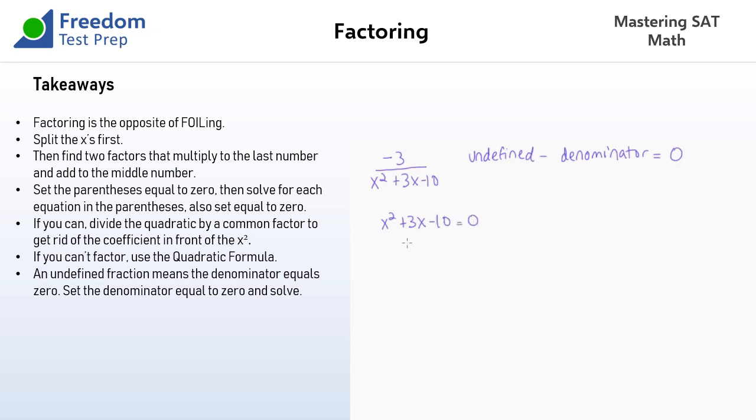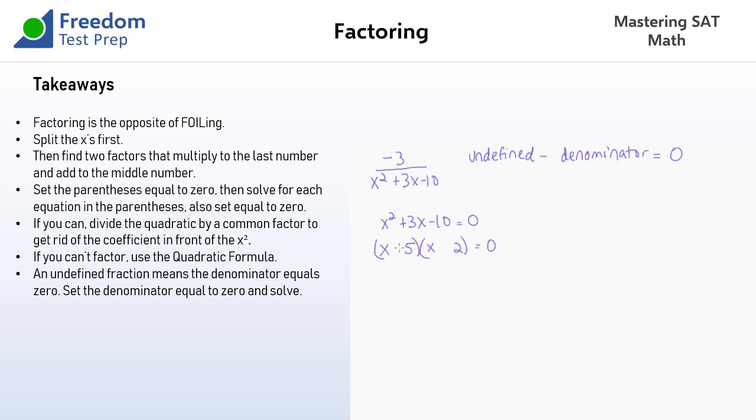And now we have factoring as we've seen it, right? So we set our 2 parentheses, and hopefully we can factor this. We separate out those x's, and we're coming up with 2 numbers, 2 factors that go into 10 and that add to 3. That's going to be 5 and 2.